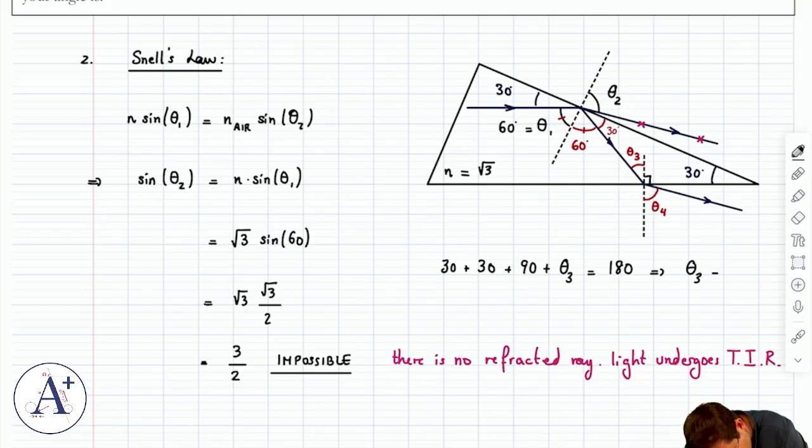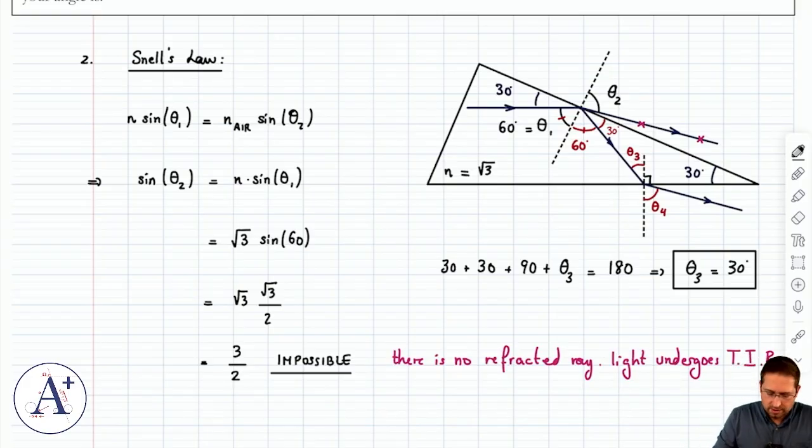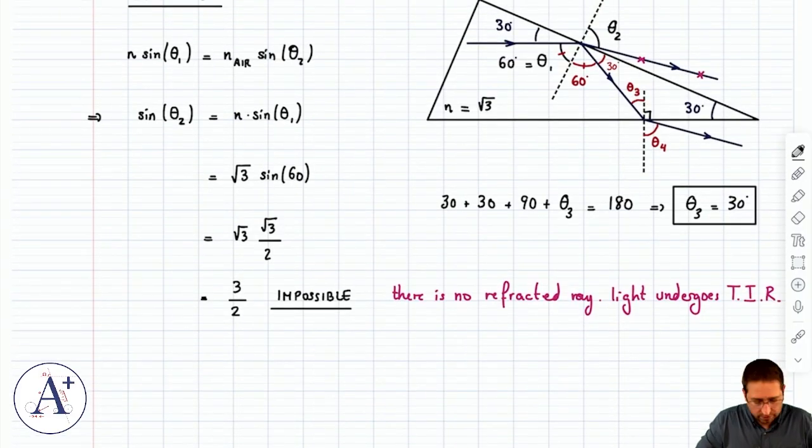That gives me theta 3 is 30 degrees. And now I'm going to apply Snell's law down here. I'm going to try to compute theta 4. And if it fails, like in part 2, then I'm going to say, well, total internal reflection again, and it's going to bounce off like this, and then what happens? Or maybe it exits, and that theta 4 is the angle at which it exits.